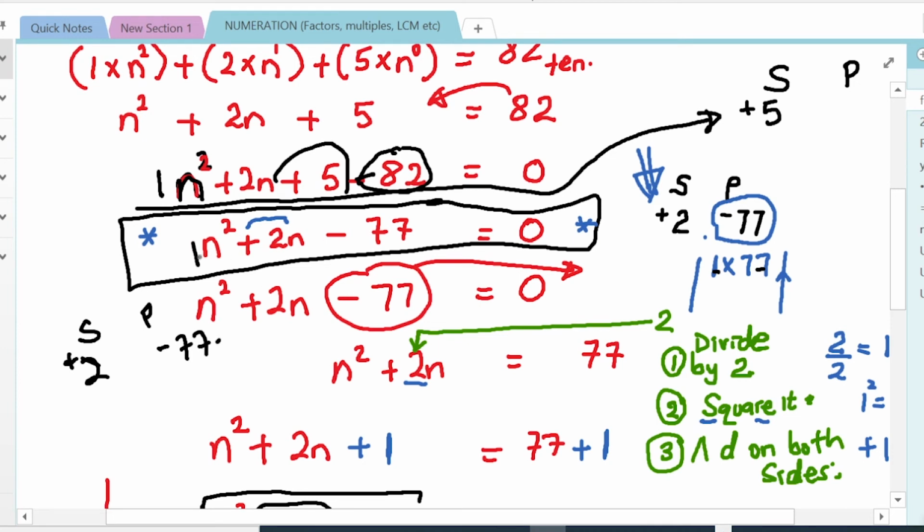This was because the coefficient of n squared here was 1. So it's the same as saying 1 times negative 77, which remains as negative 77.